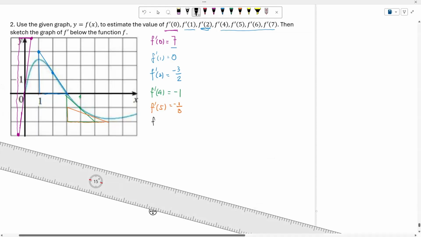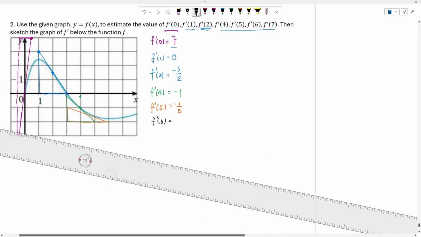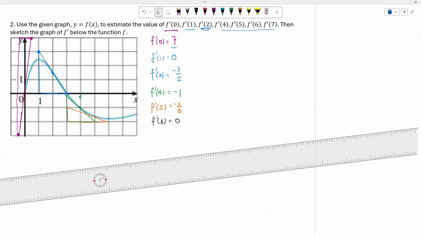And now f prime of 6. Then it is about 0. And now, how about f prime of 7?